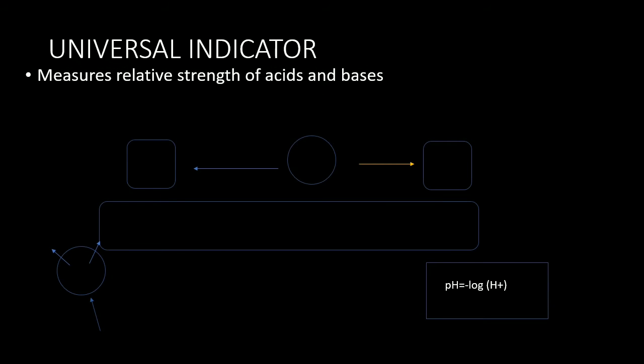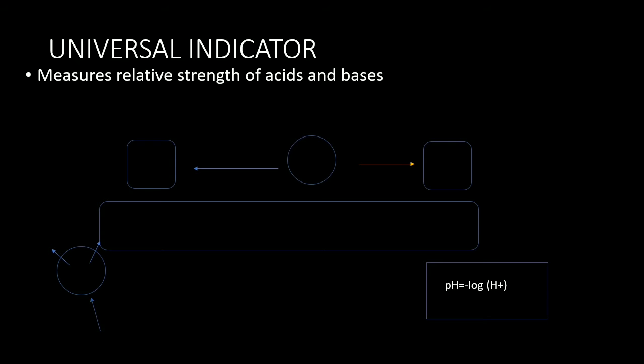Because this indicator measures the relative strength of acids and bases. It does not only tell us whether a substance is acidic or basic, but it measures the relative strength of acids. If we have two acids, dilute sulfuric acid and acetic acid, the universal indicator will tell us which among them is strong and which is weak.